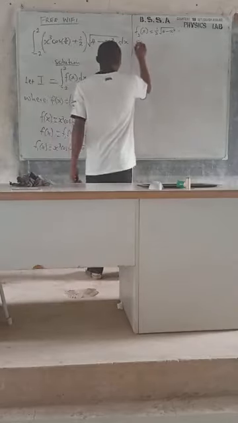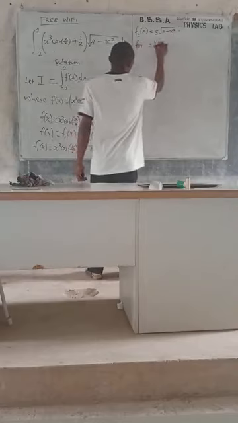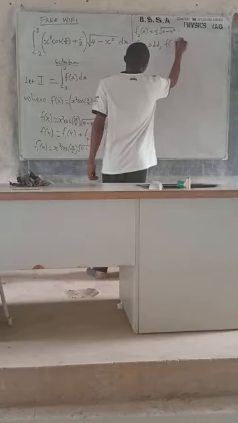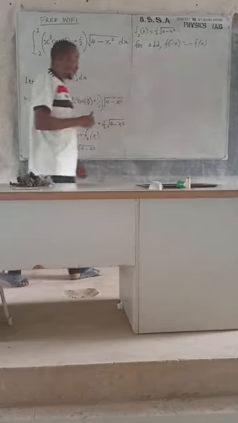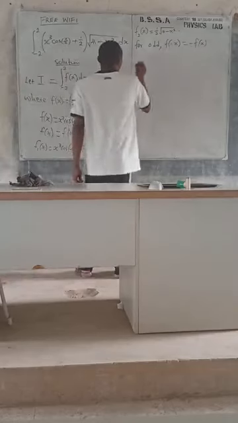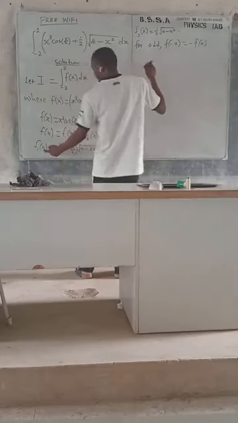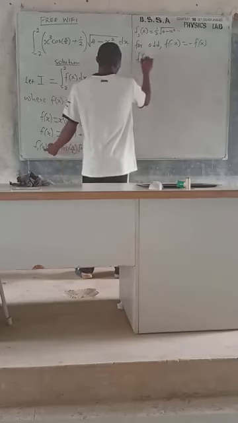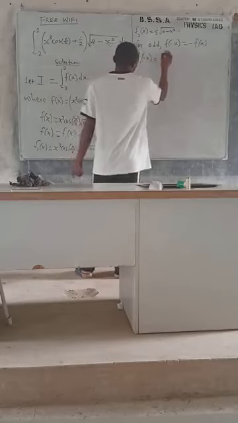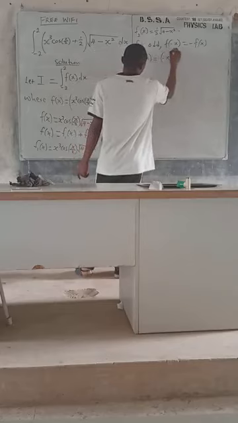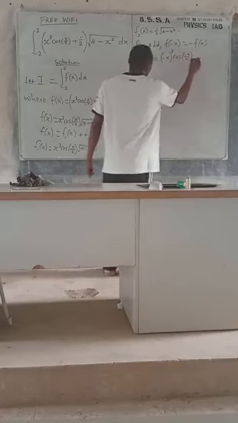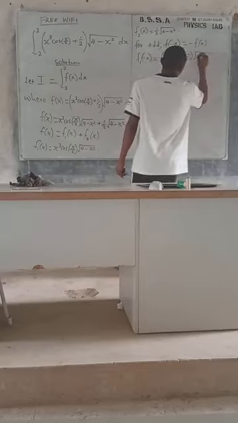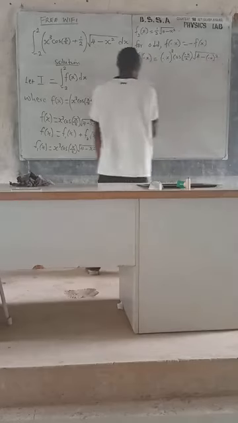Now, we know that for odd functions, f of minus x will be equal to minus f of x. So, let's try it. Replacing x here as minus x, f1 of minus x will become minus x to the power of 3 cos of minus x over 2 multiplied by the square root of 4 minus x to the power of 2.